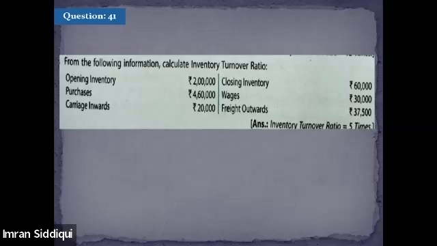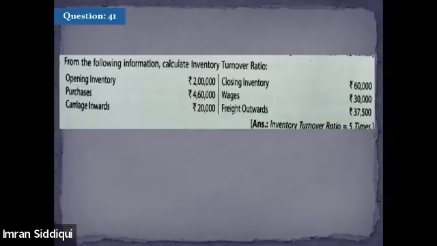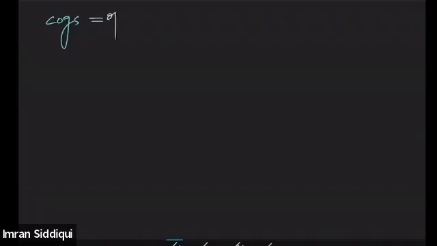You have to figure out the value of the cost of goods sold. So what is the formula for finding out the cost of goods sold? Do you remember the formula? Halima, what is the formula for finding out the COGS? Opening stock plus purchases plus direct expenses minus closing stock.